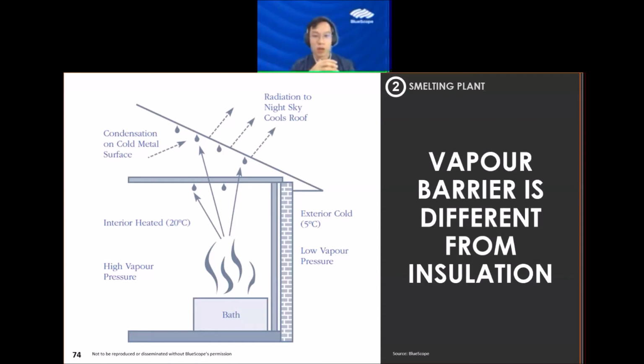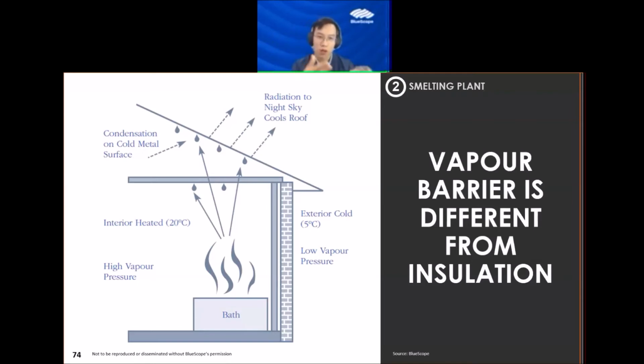For example, insulation like mineral wool insulation is actually porous, so the water can be transmitted through the wool itself. So it is not a vapor barrier. A vapor barrier is a barrier that is closed cell and does not have any porosity to transfer the moisture through the membrane. That's what we call a vapor barrier.